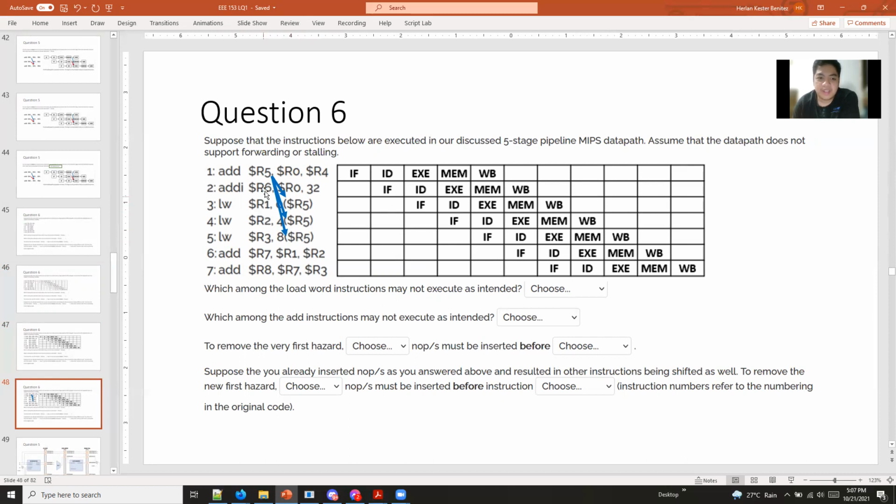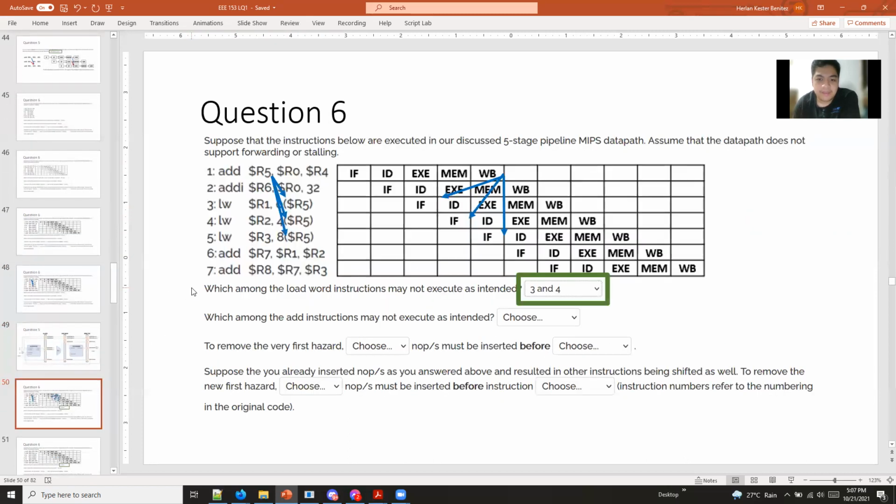So the possible source of the hazard is the first instruction, R5, going to them. Looking at our pipeline, the write back result must be available by the instruction decode of instruction 3, instruction 4, and instruction 5. Looking at this, the only one that has its write back on time before ID is instruction number 5, the load word.